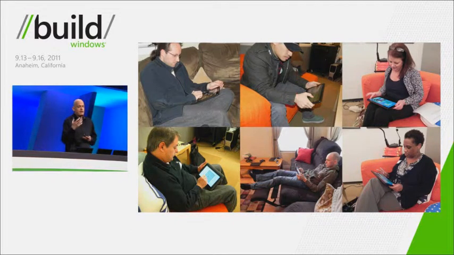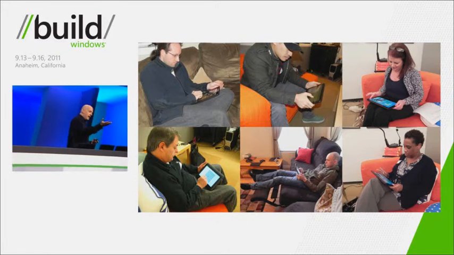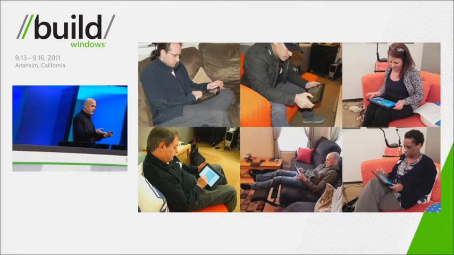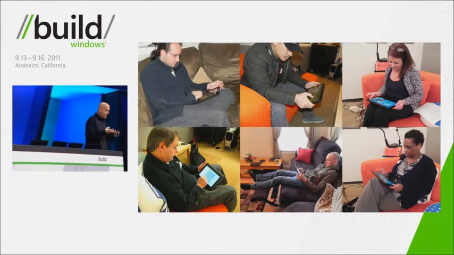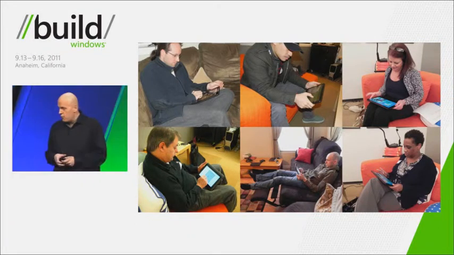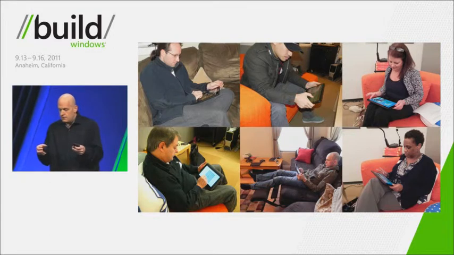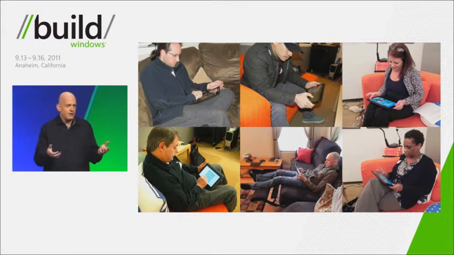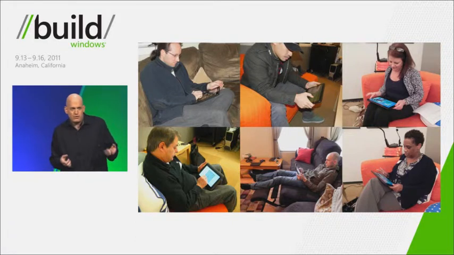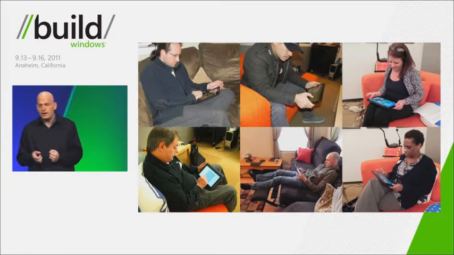And one of the things that we found out is that people use many different postures. Some people balance them on their knees, some people put them on tables, some people held them with two hands in front. And a posture that we saw end up being very, very common was that people would take a slate PC and hold it in two hands. No matter how light it is, it's awkward to hold something in one hand. Your hand always ends up getting a little bit tired.